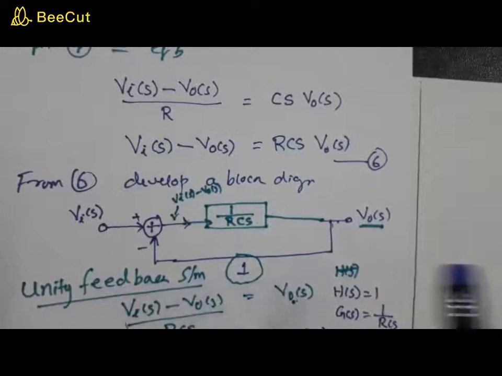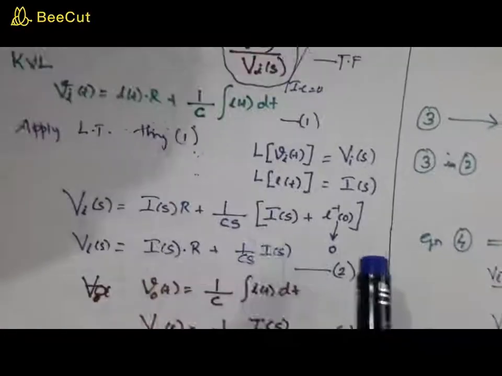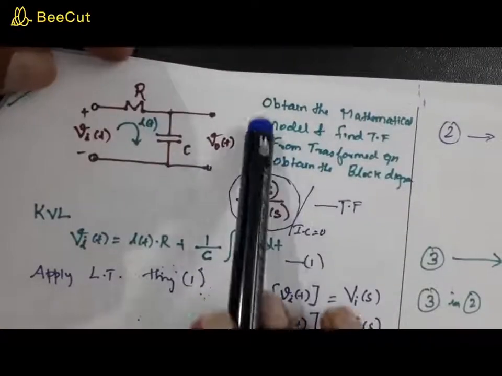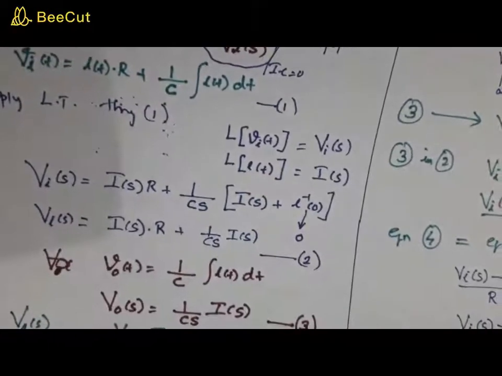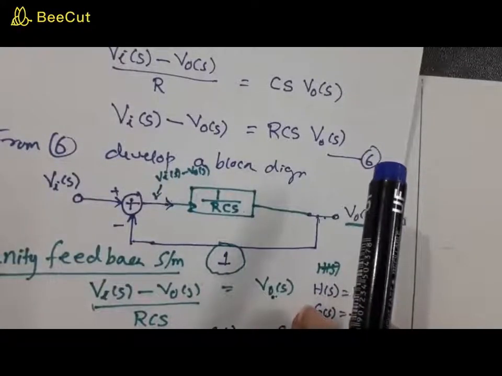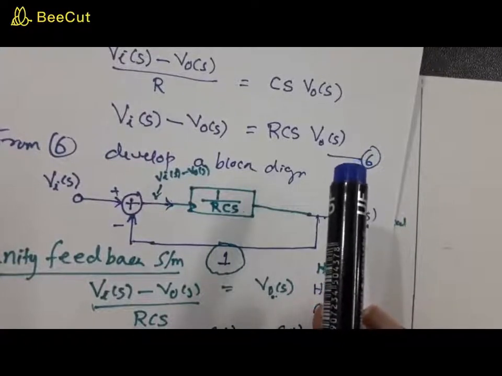In this problem, you are expected to at least know how to derive the transfer function as I explained here. The developing of the block diagram I have included just to give you an idea about the block diagram representation of an electrical system.